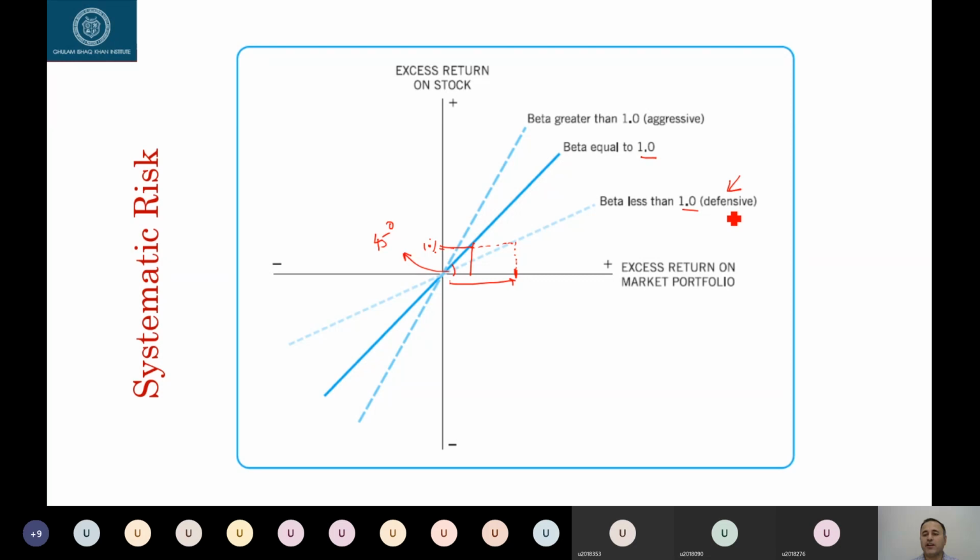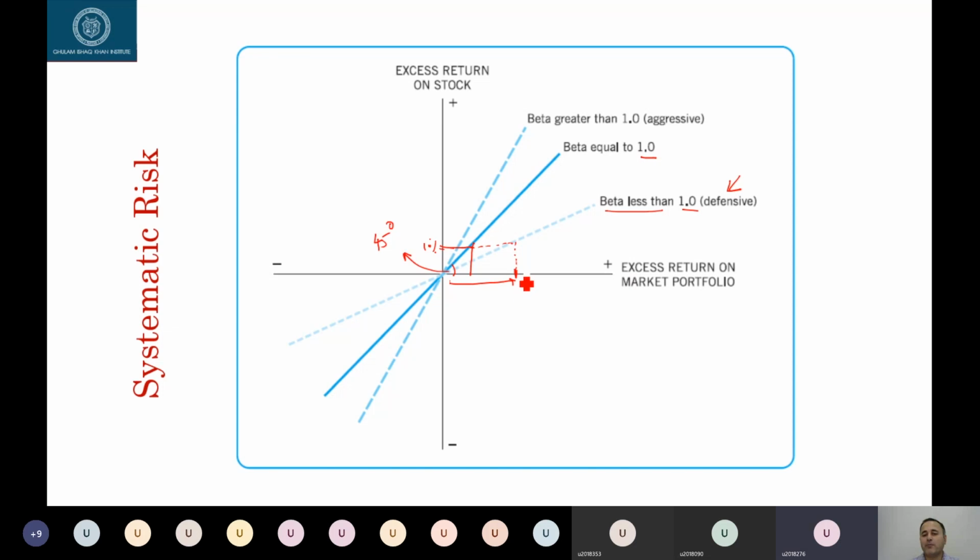So let's say if you are an investor and you would like to balance your portfolio, or you do not want to take excessive risk, or in other words, you are risk averse compared to other investors, you will go with those portfolios whose beta is less than 1.